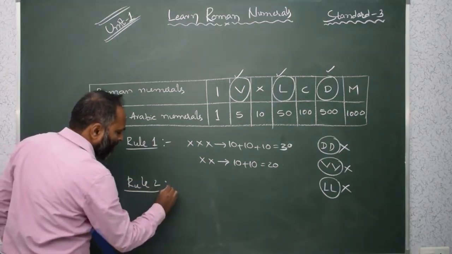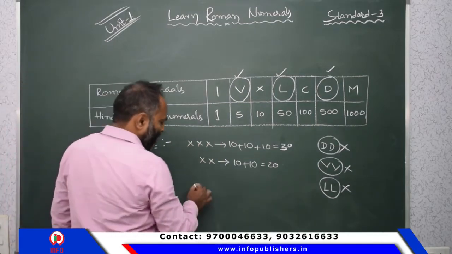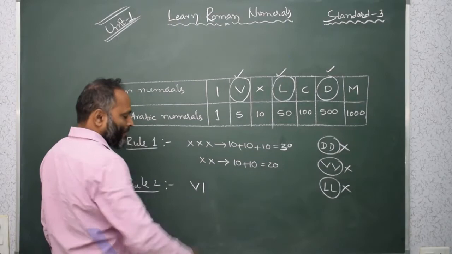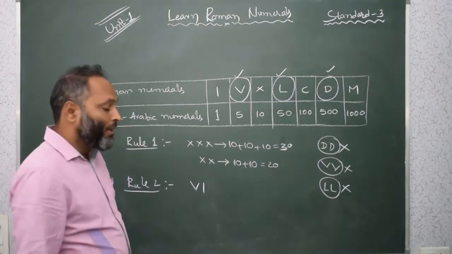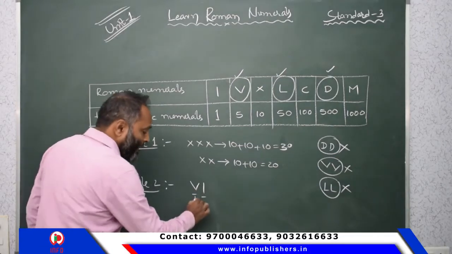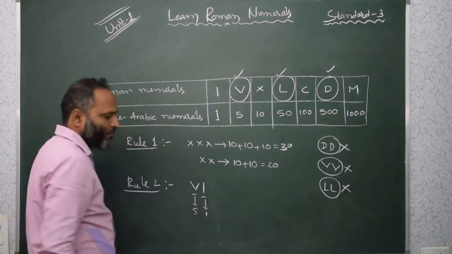Second rule. Suppose this is a Roman numeral and this is one more Roman numeral. These are the 2 Roman numerals. The first one represents 5 and the second one represents 1.